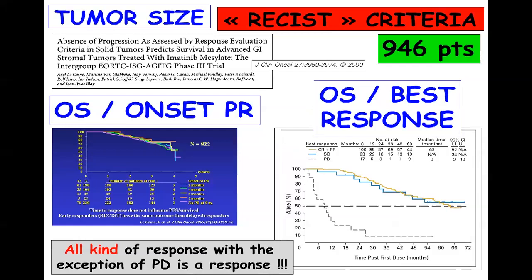In yellow, complete response plus partial response, and stable disease in blue. No difference between these two curves, but a difference versus progressive disease. So all kinds of response, complete or partial, with the exception of progressive disease, is a response.